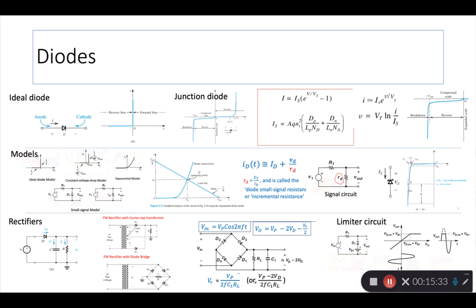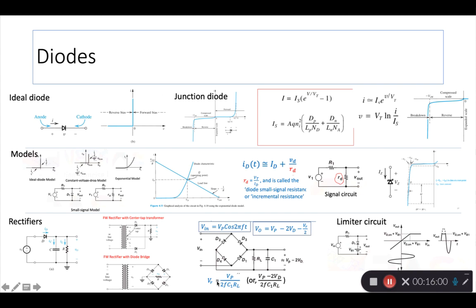So the input to this bridge is an AC sine wave, or cos wave, and that is shown as Vp cos 2 pi ft, right? So take that Vp, V peak, minus 2 times the drop in the diodes. Each diode is about 0.7 volts, minus the ripple by 2.